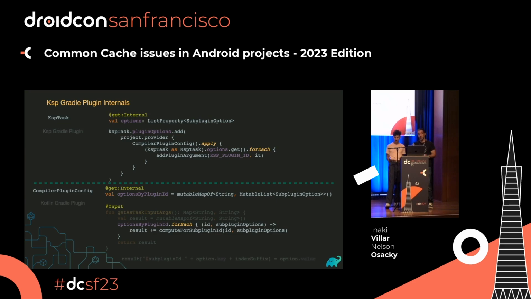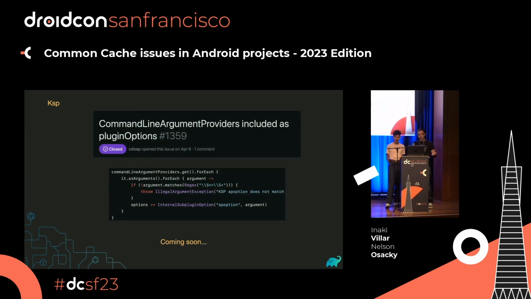And what we saw is that, well, in this case, we are not considering the path sensitivity of KSP in the Kotlin Gradle plugin. That's why, if you are using KSP and you are using the Room processor, you're going to have this problem when you are comparing CI and local, or local with different locations.